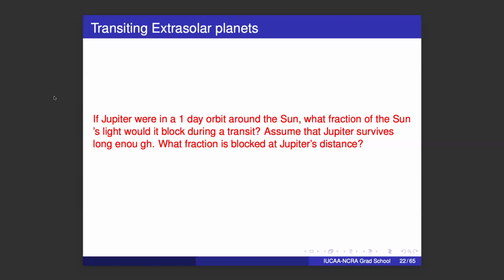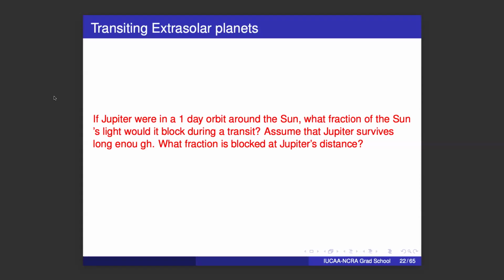Now it's in a one-day orbit around the sun, so it's at a certain distance. What fraction is blocked at Jupiter's distance? If it were at Jupiter's distance, that means 5 AU, not in a one-day orbit but in a 12-year orbit, would it be different? We're looking at the sun from really far away. Assume you're an extrasolar observer.